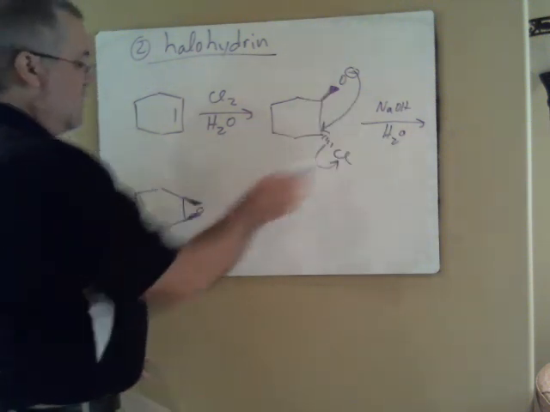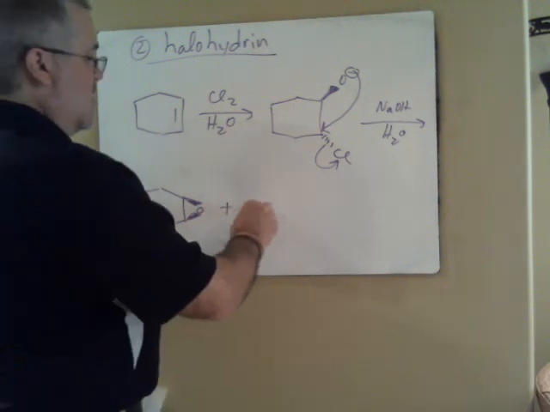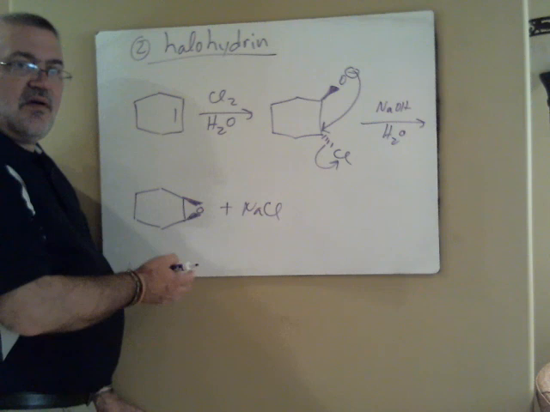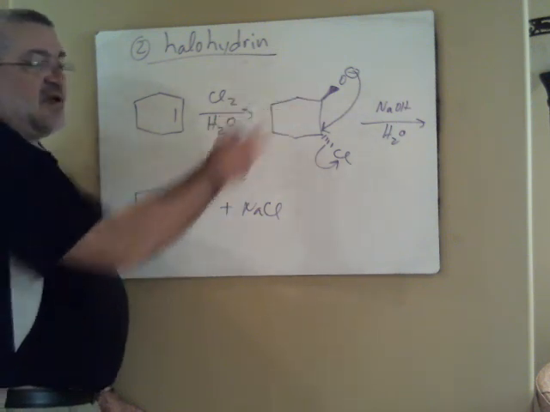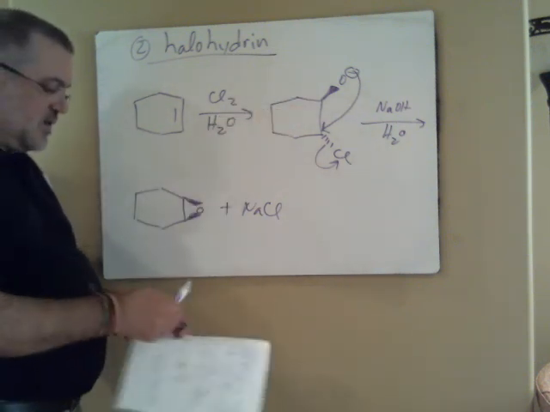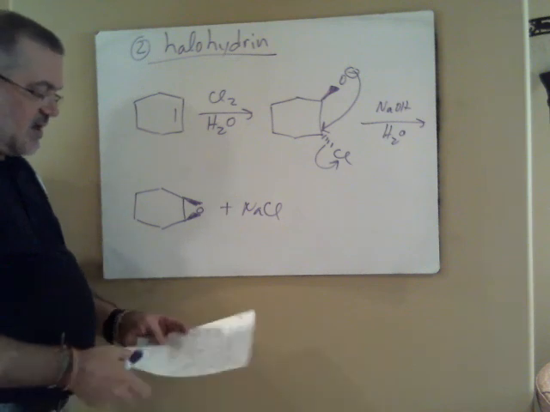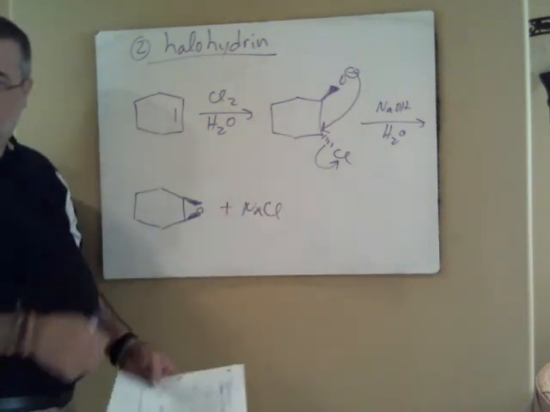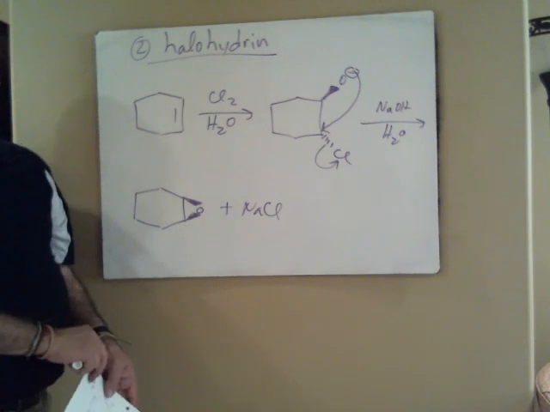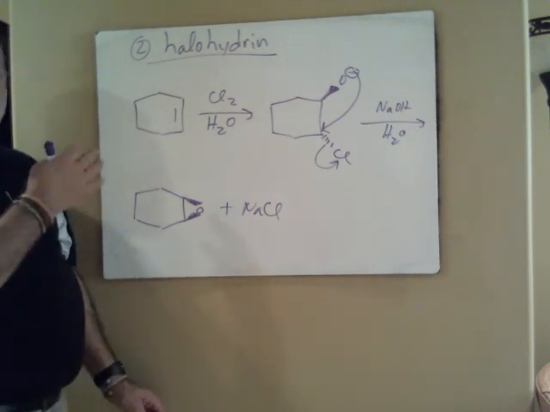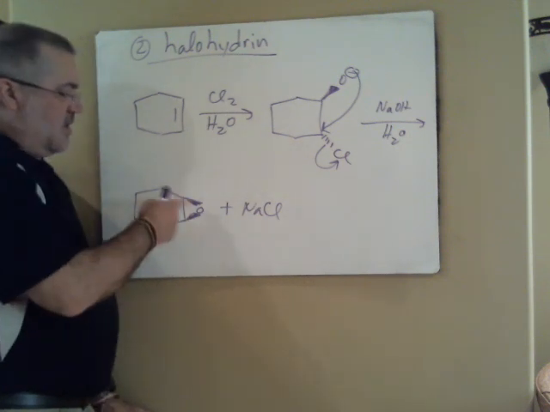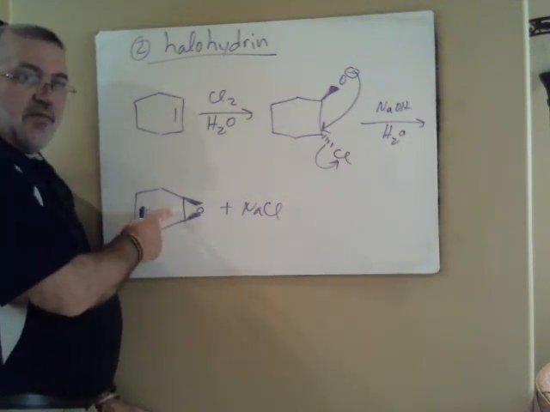Okay, so that's going to give me the epoxide plus sodium chloride. This is really just a Williamson ether synthesis, but I'm reacting them together to form the epoxide. And so we'll pick it up right here next time and move forward with how to actually do reactions on the epoxide that forms.